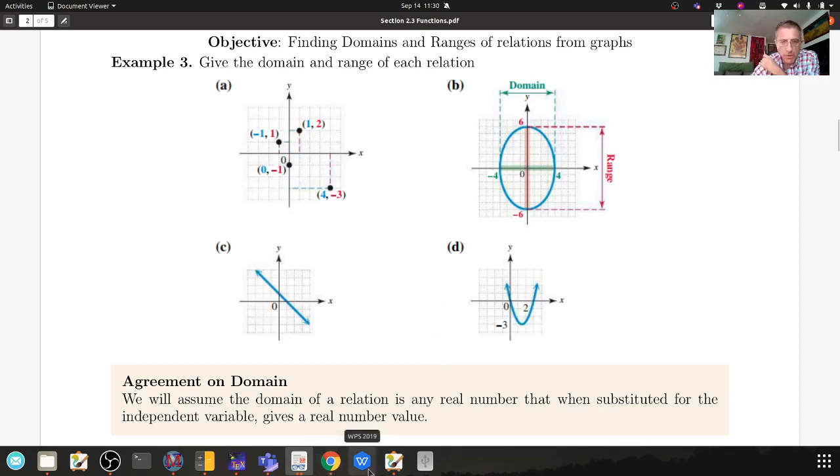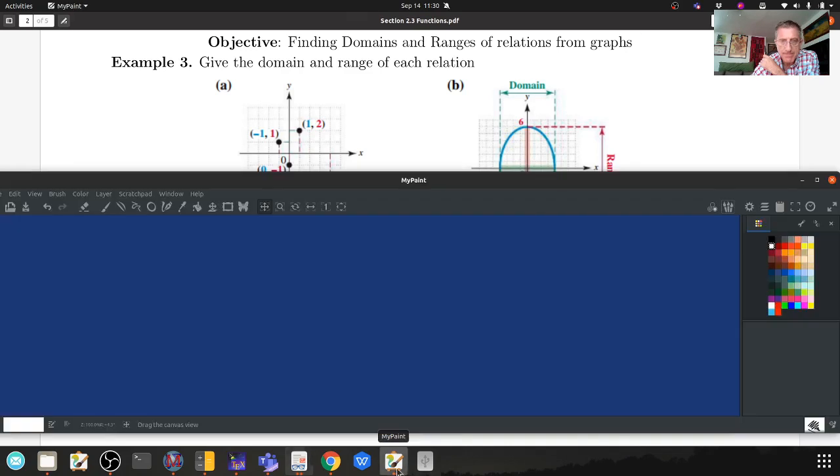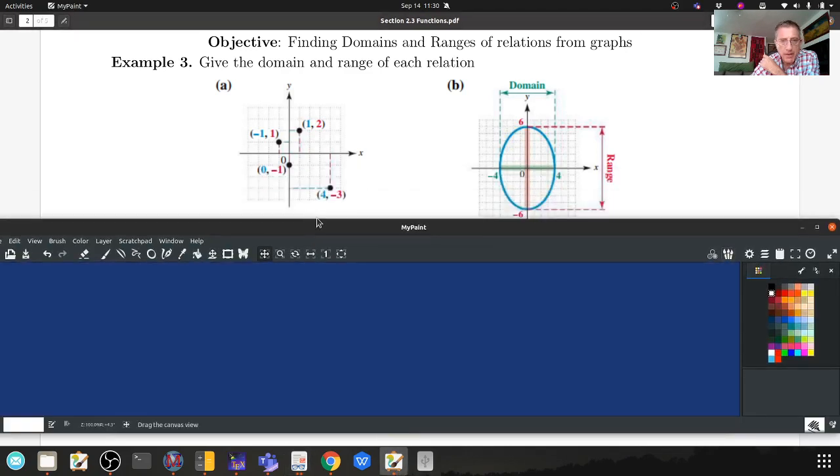And for our first graph, we want to find the domain of A. Well, this is simple. Our relation is -1, 1, 1, 2. Notice how they've got the different colors for the x value and the y value.